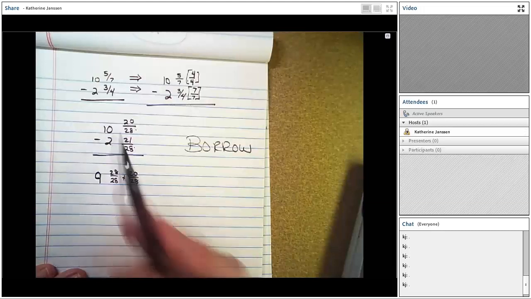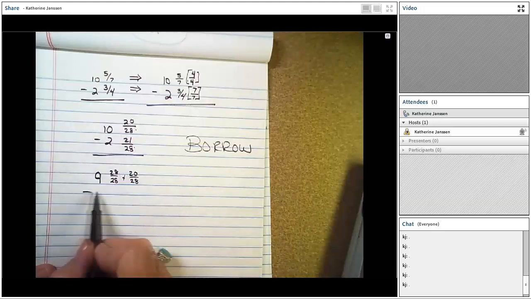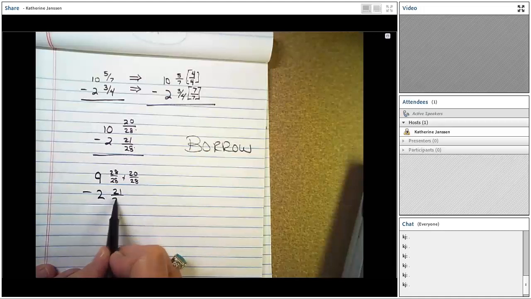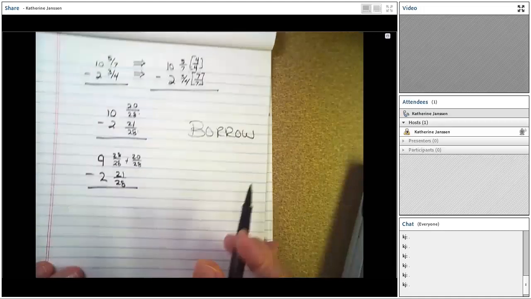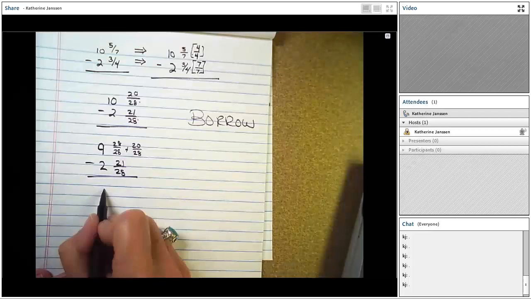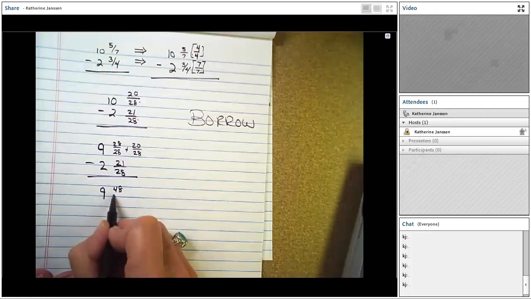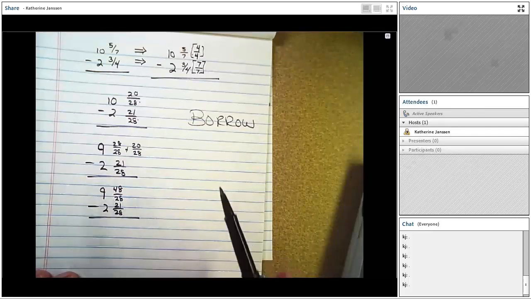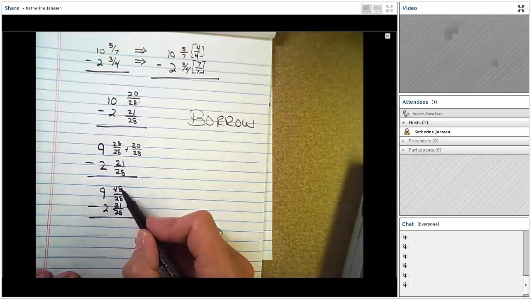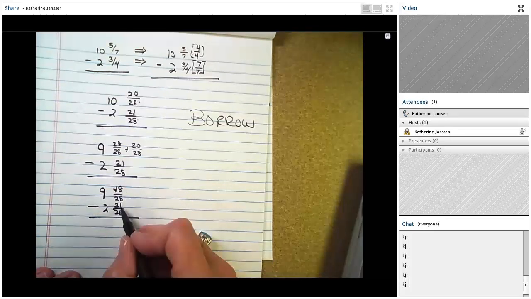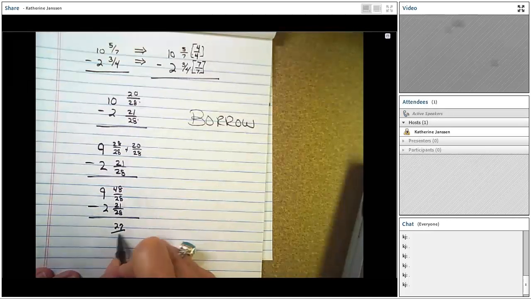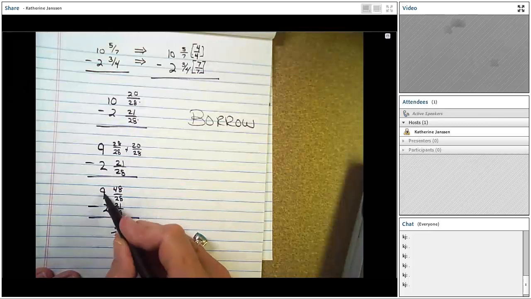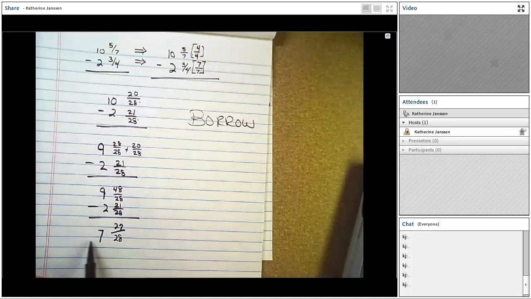So I have borrowed, and I'll rewrite. Now 28 plus 20 would be 9 and 48/28 minus 2 and 21/28. 21 from 48 is 27/28, and 2 from 9 is 7. So our answer is 7 and 27/28.